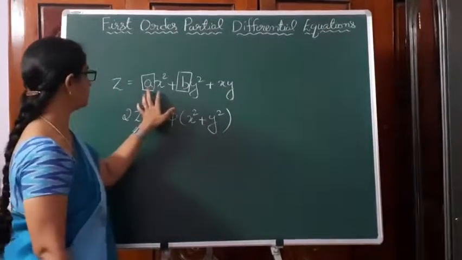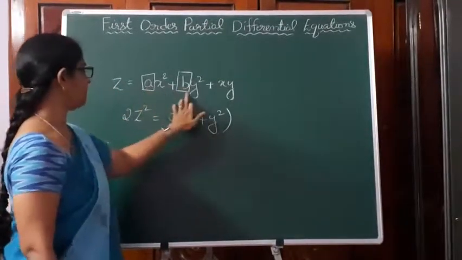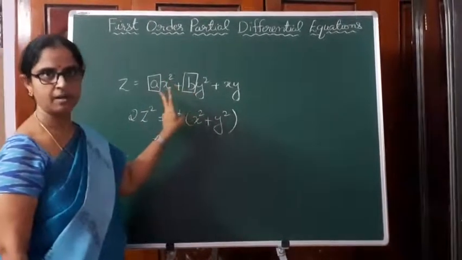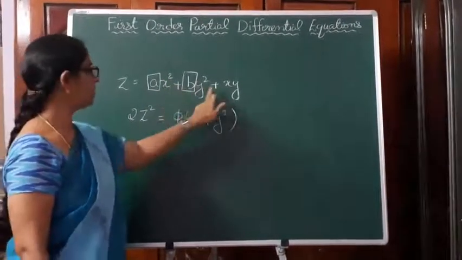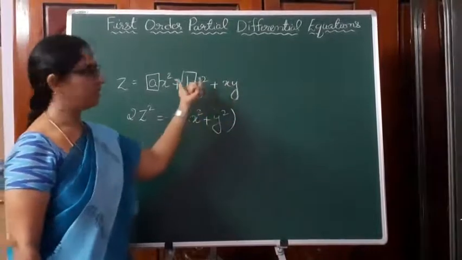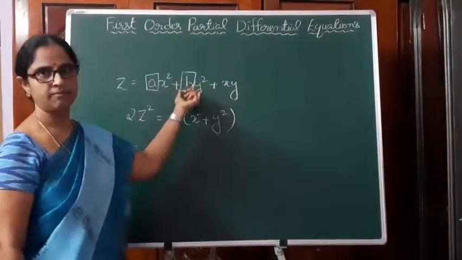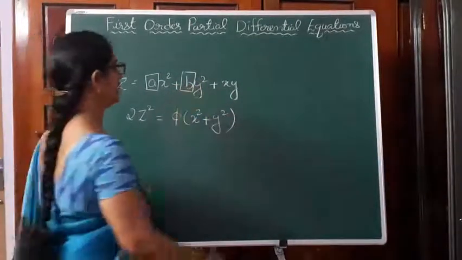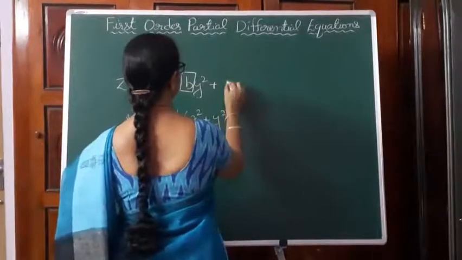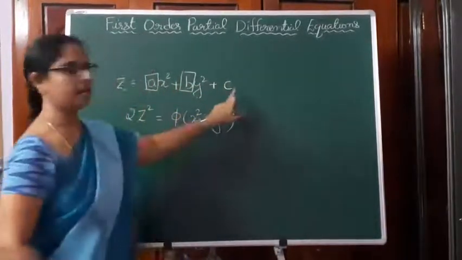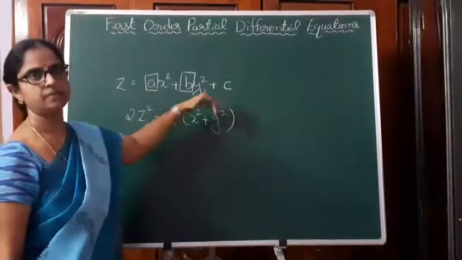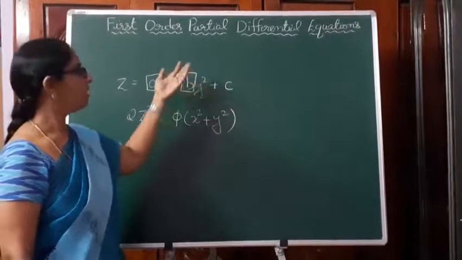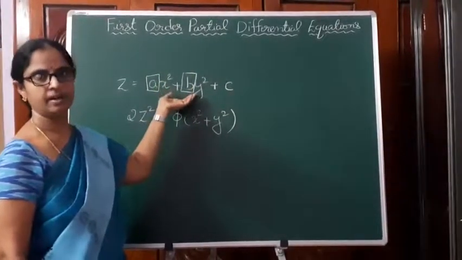So if you observe in this case, a and b are two arbitrary constants. So there are two arbitrary constants here and two independent variables x and y. So in this case, a first order partial differential equation arises. Say for example, if you have c here, then there are three arbitrary constants. In this case, we get a second order or higher order partial differential equation.